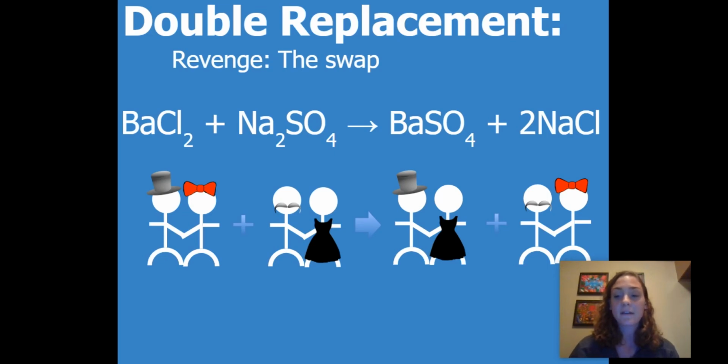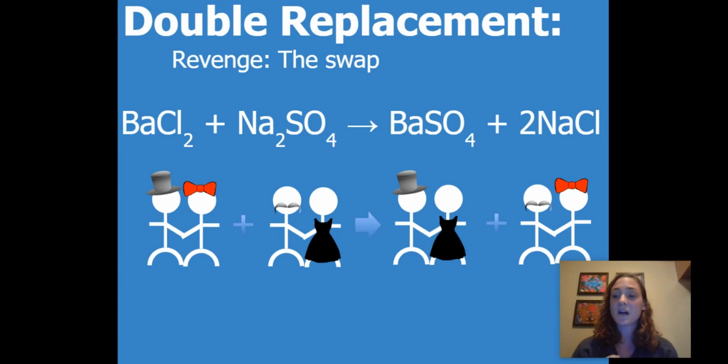And then you have Na, and then you have SO4. So SO4 is a polyatomic ion. SO4 swaps places with Cl because after the reaction, see that barium, the Ba, is now combined with the SO4. And the Cl that was combined with the barium is now combined with the Na instead, with the sodium. So part of each compound switched.